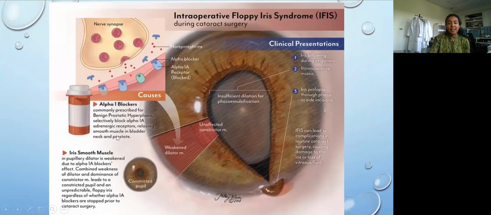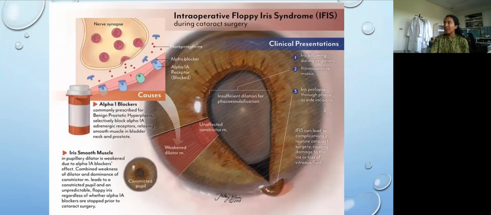But a side effect is on the iris smooth muscle. Because of this relaxing nature of the medication, the pupillary dilator is weakened with the alpha-1A blockers, while the constriction response remains pretty strong. This leads to poor dilation during cataract surgery, which is required for success.